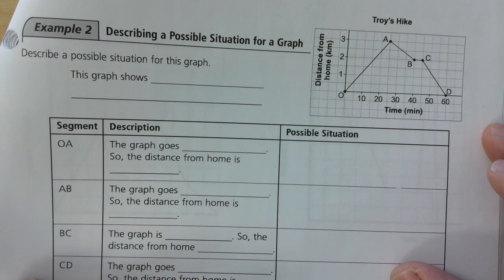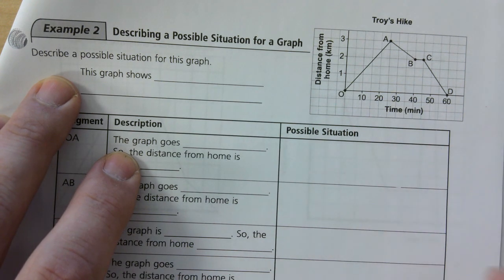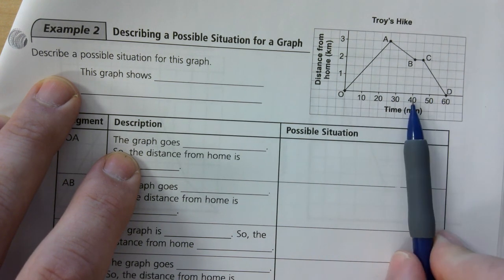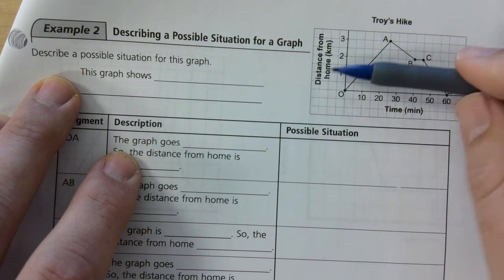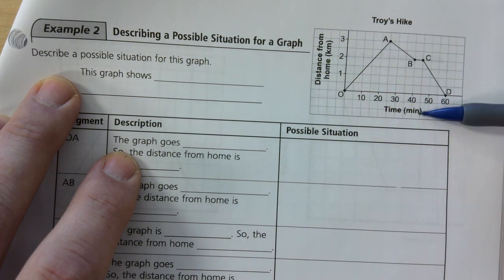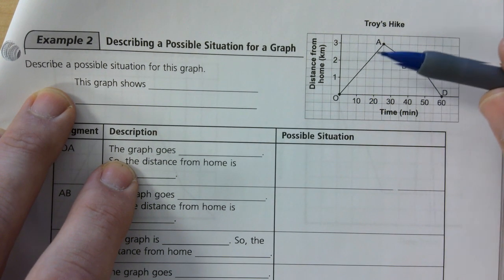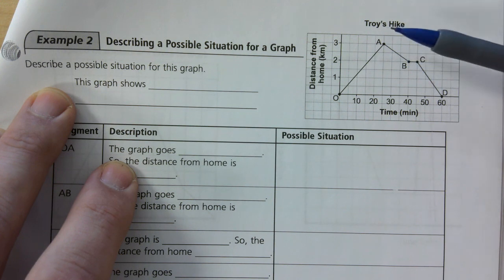Describing a possible situation for a graph. And this graph, if you look at it, just read the labels. Distance from home and time in minutes. So this will tell you the distance from home to Troy's home specifically over time.